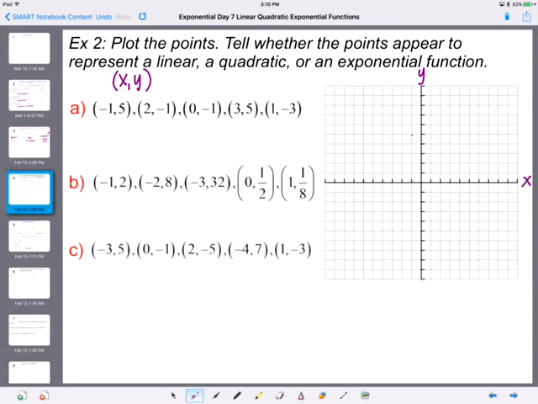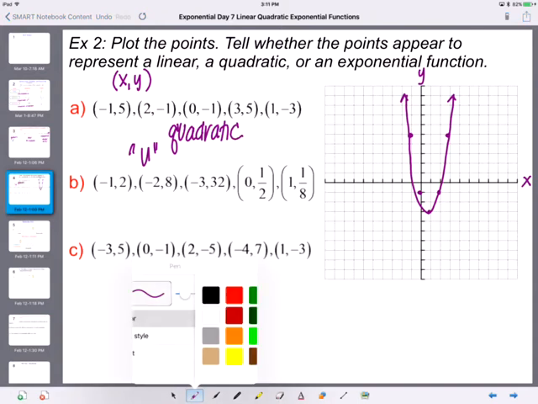Then 2, negative 1; 0, negative 1; 3, 5; 1, negative 3. What function does this represent? A U-shape is absolutely a quadratic.